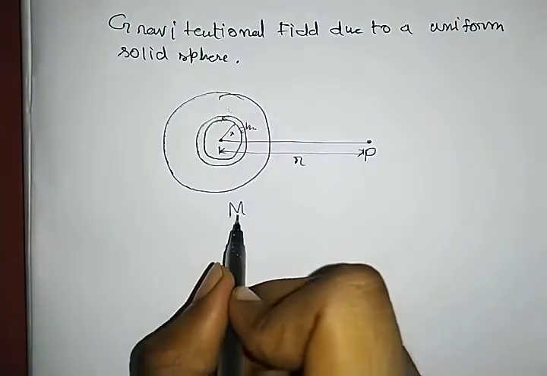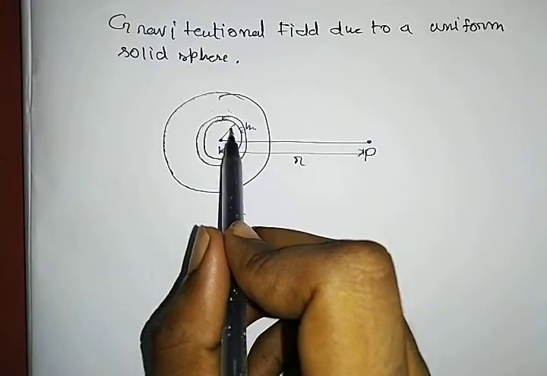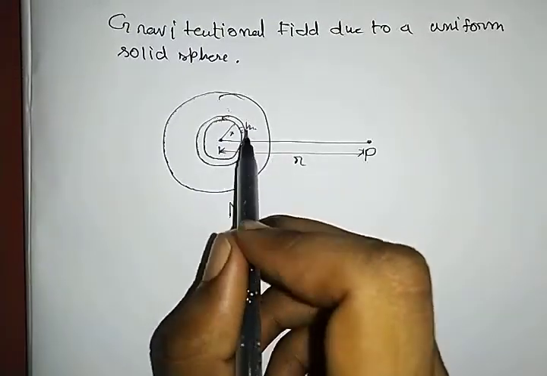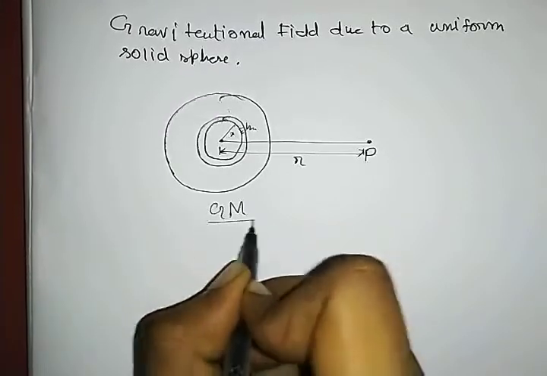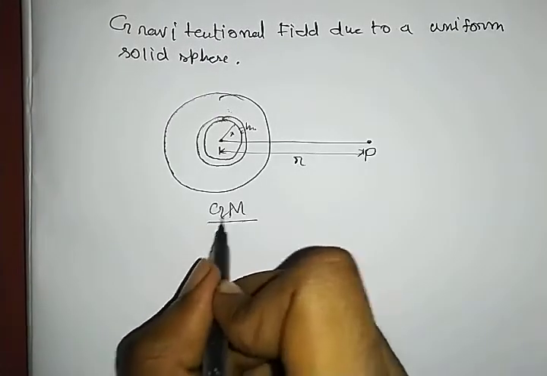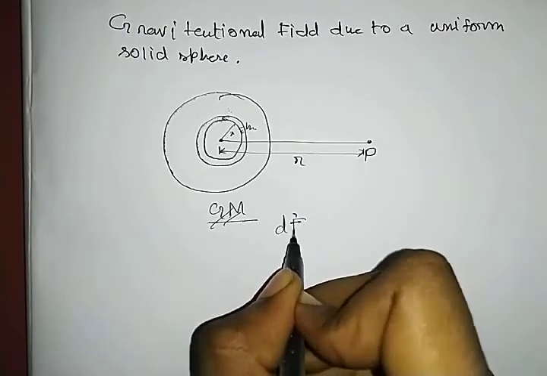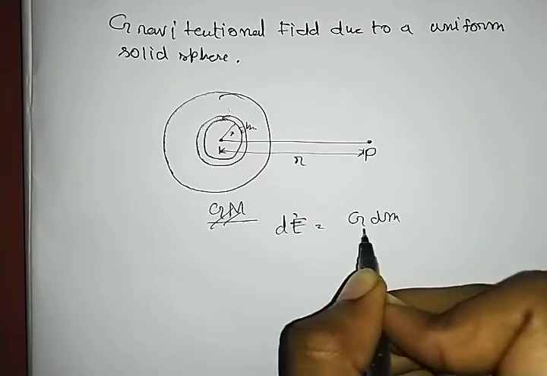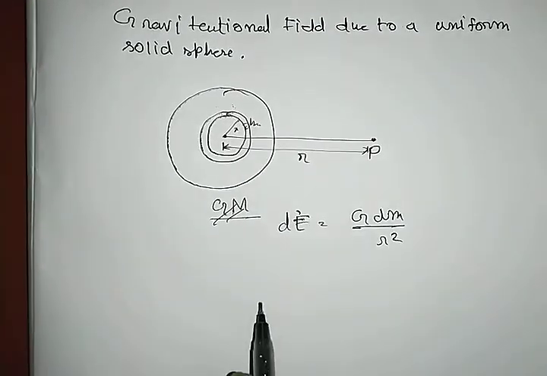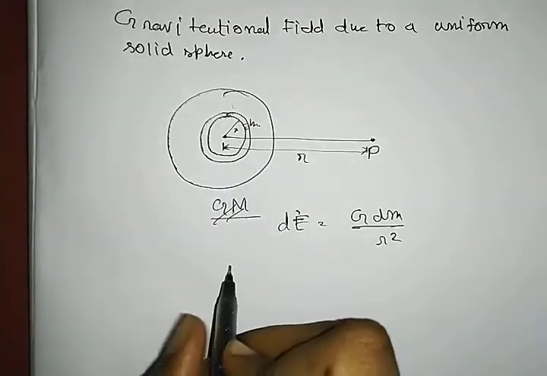So this is the total mass, and the gravitational field due to a small mass element dm is given by G dm by r squared. Now to find the total field, that is the field due to the whole sphere, we will just integrate this.